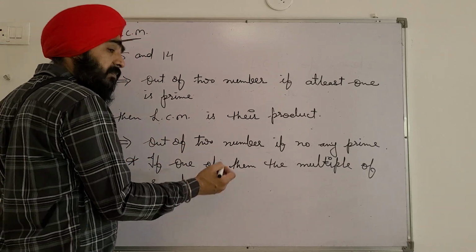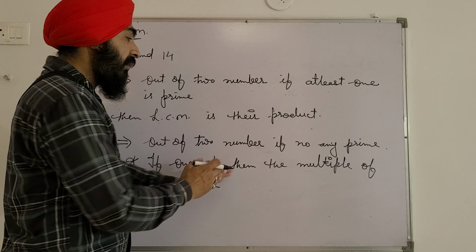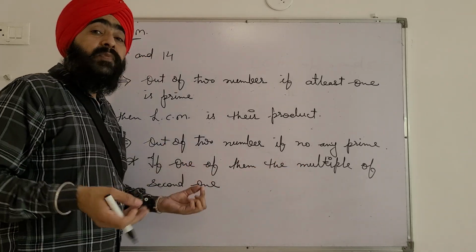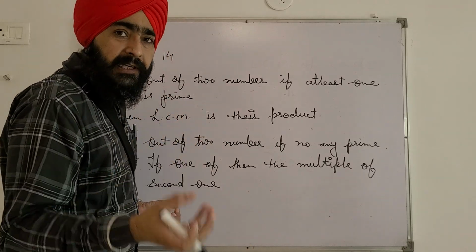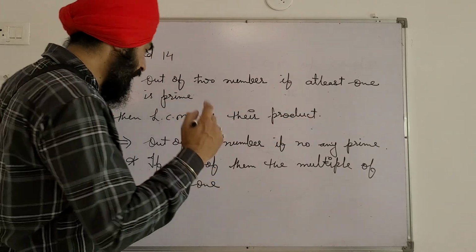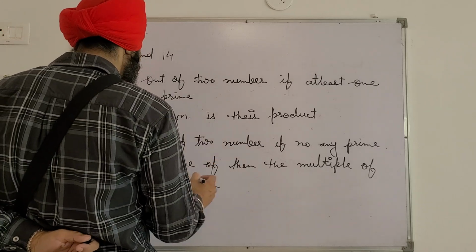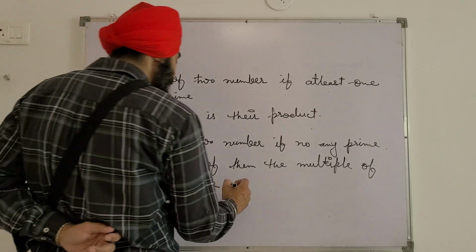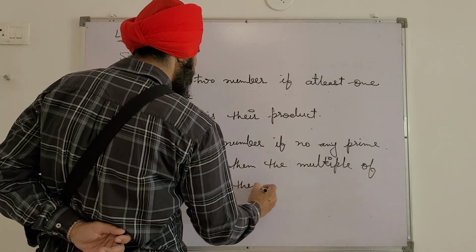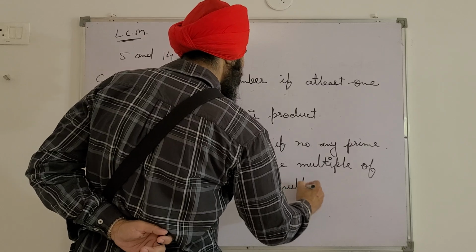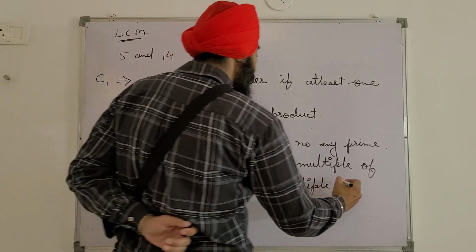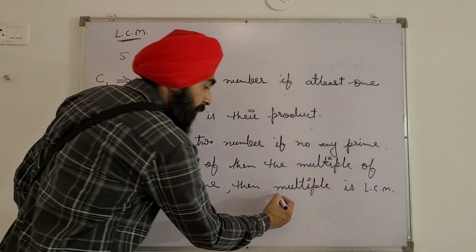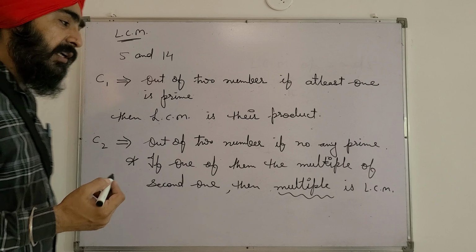Very easy. In that condition, the number which is the multiple of the second one will be the LCM.